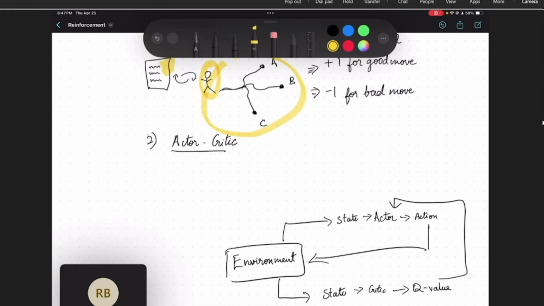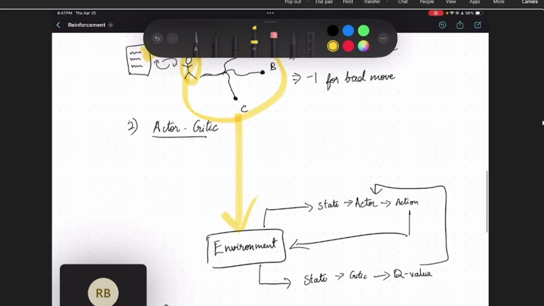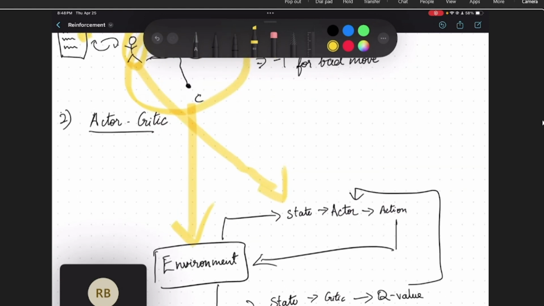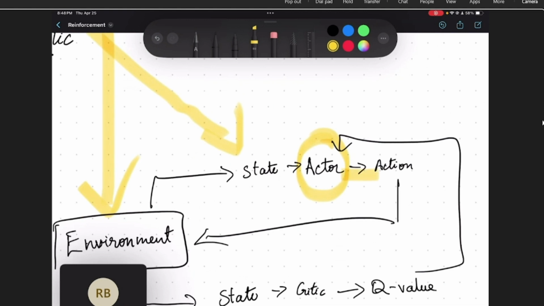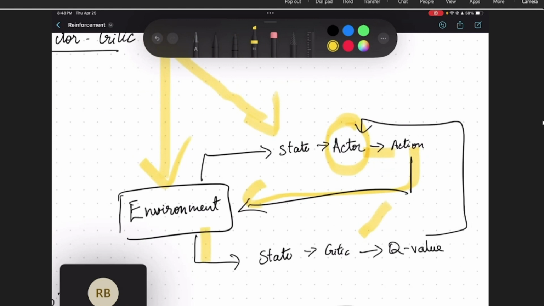The state is where the model is. The actor is the process where the model takes the decision, and according to it, it gives an action, which gets updated to the environment. It then copies, duplicating to the state, and is sent to the critic to evaluate the decision of the actor.